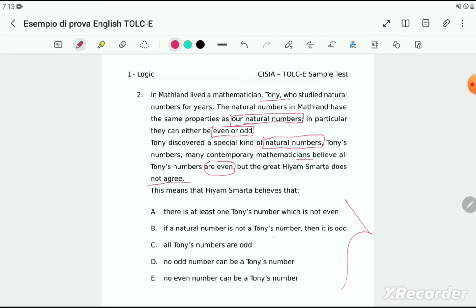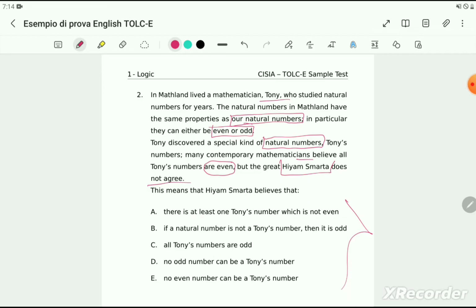There might be some numbers which are not actually even. So Hayam Smarta disagrees with Tony's statement that all numbers are even. So what do we have to find? Let's look. There is at least one Tony's number which is not even.